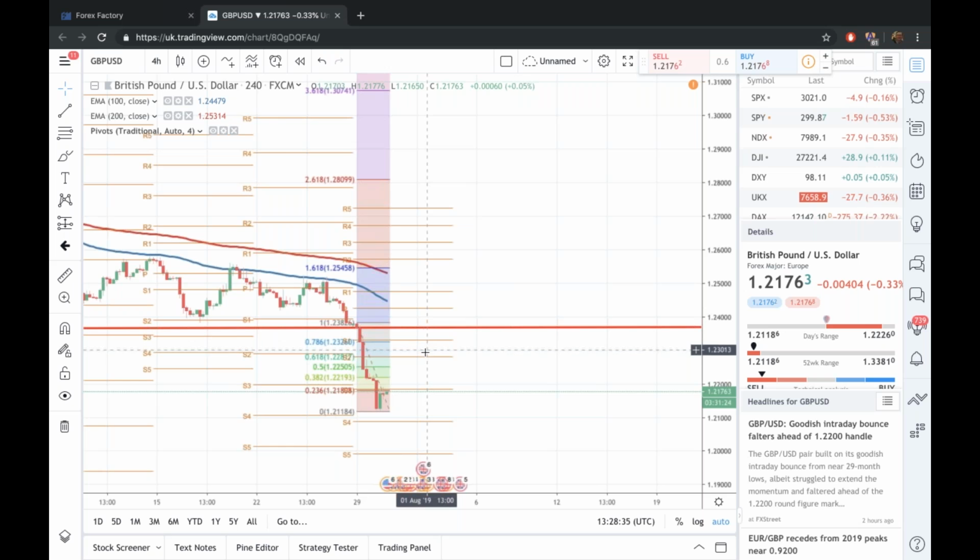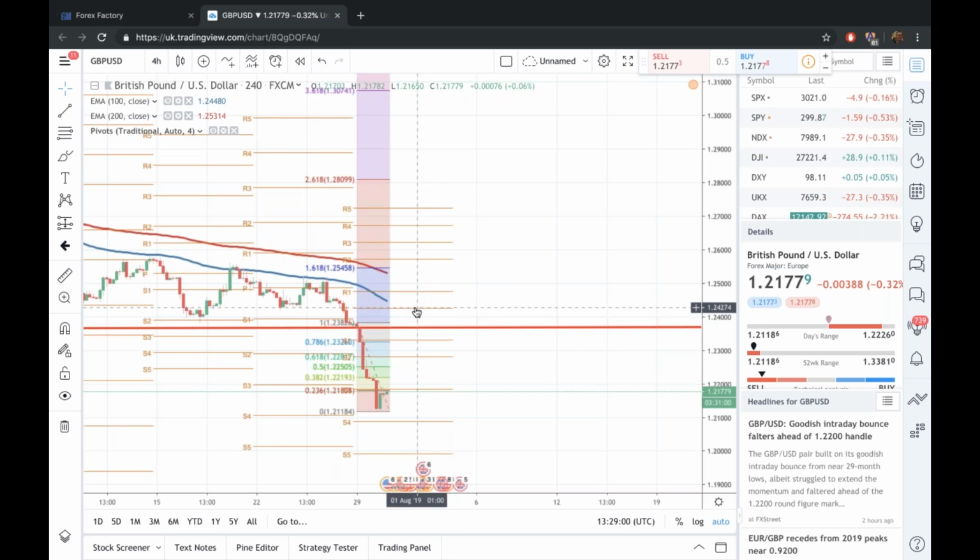And then if you wanted to really anchor your stops, put them above this 1.2500 level. That would be a very safe anchored stop. Whereas if you want a tighter stop, somewhere above this pivot point would make sense. There's a minor little level here, the 1.2400, just above that pivot point.